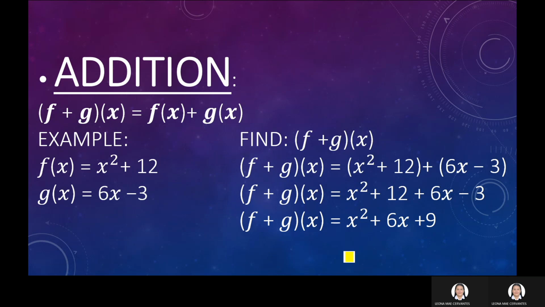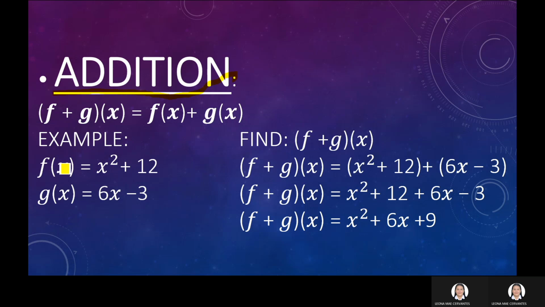Okay, so now let's have addition. Given f plus g of x is equal to f of x plus g of x.